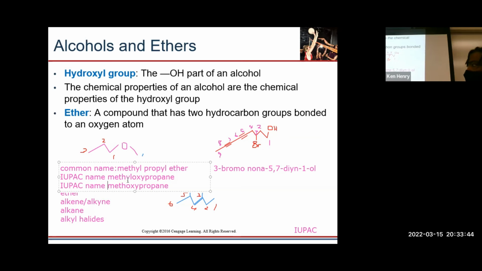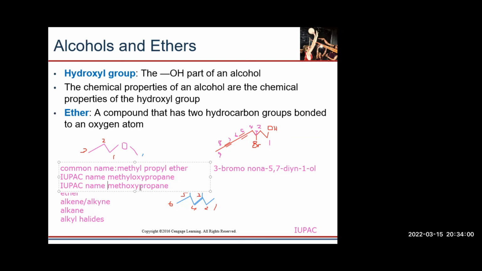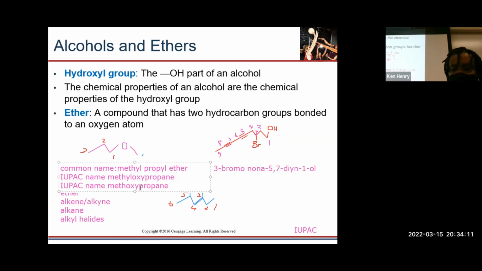They started shortening, getting rid of the "yl" and just putting methoxy. A lot of your shampoo bottles have methoxy something. In order to separate one side from the other, we put in oxy for oxygen.